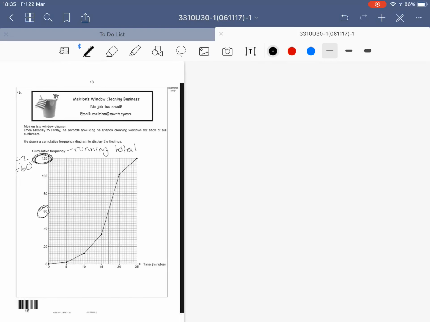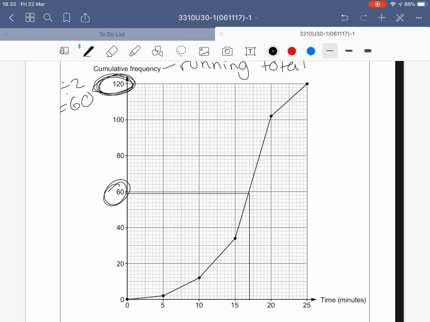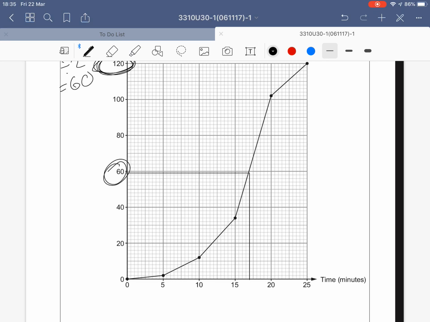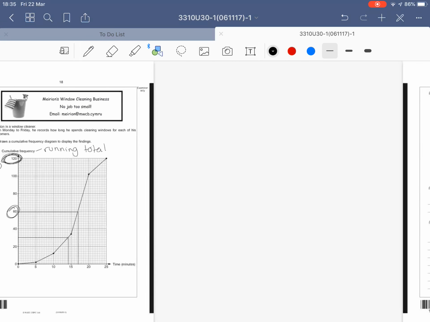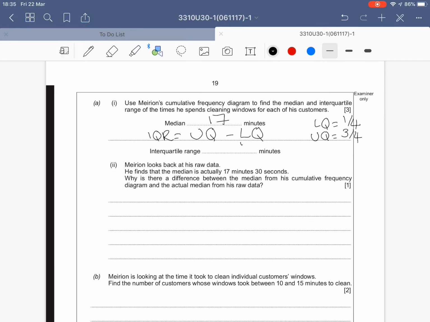So 1 quarter of 120 is 30. So I go across from 30 and read down. I'd say the lower quartile there is 14.